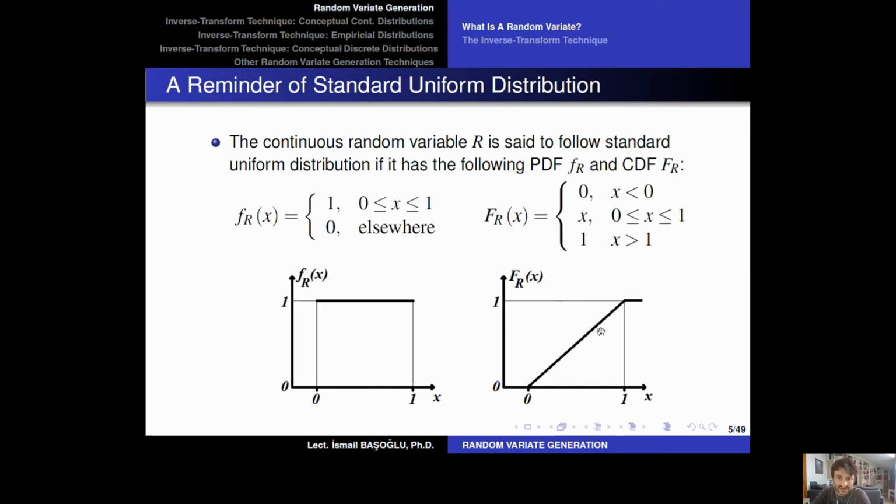Then it increases linearly in the form of an identity function. When it reaches 1, the whole domain of this random variable ends, and after 1, it remains constant at 1 until infinity. So the CDF is in this form and the PDF is in this form for a standard uniform random variable.